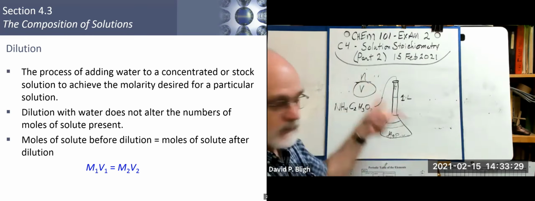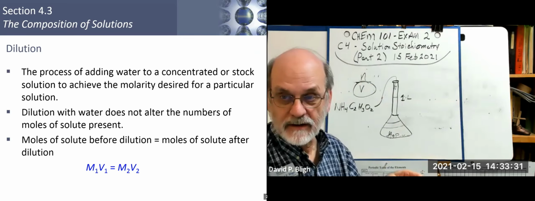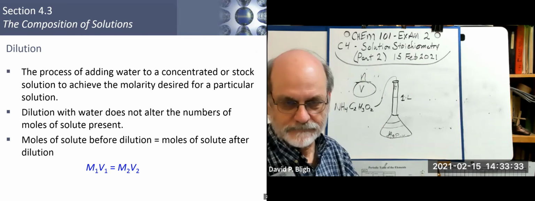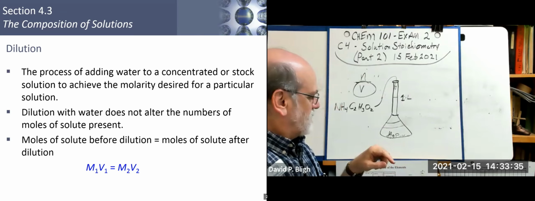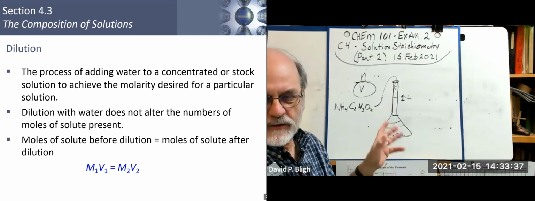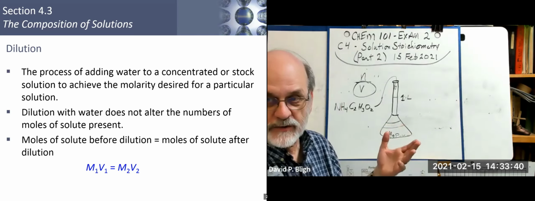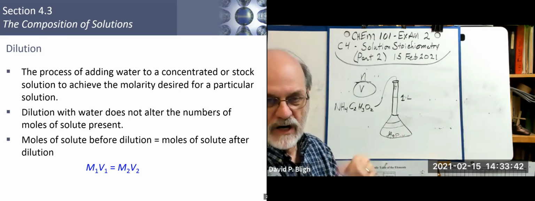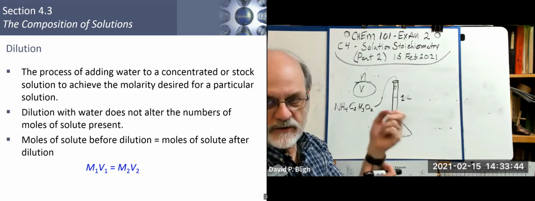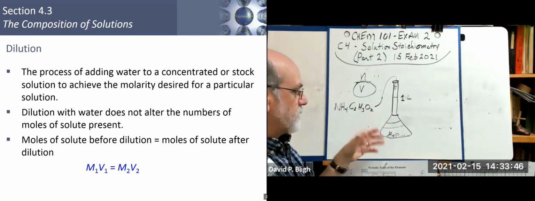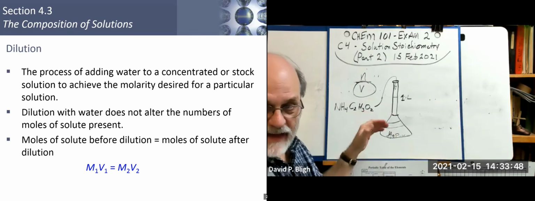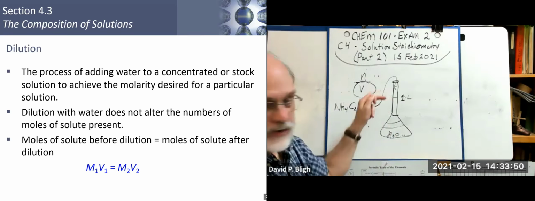Actually, the calibration temperature is marked on the flask. But if you're very close to what we consider normal room temperature, then the difference in volume is not that much. So it won't affect your results. Anyway, once it's dissolved, then you can add water up to the mark.